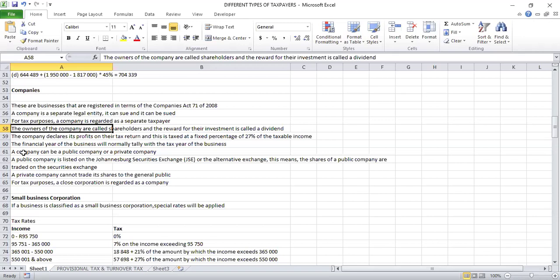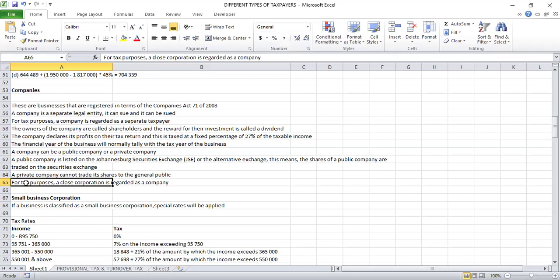So we've got different companies, we've got public companies, and we've got private companies. Public companies are those that can sell their shares on the Johannesburg Securities Exchange, whereas private companies cannot trade their shares on the Securities Exchange. For tax, a closed corporation, which is registered in terms of the Closed Corporations Act 69 of 1984, is just regarded as a company.